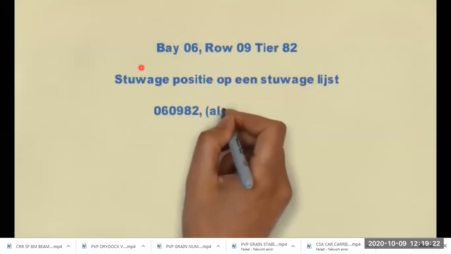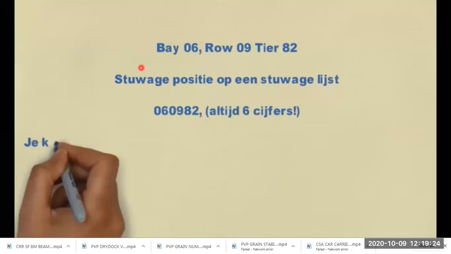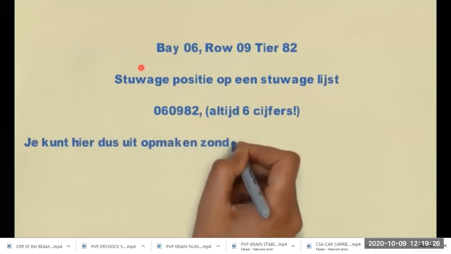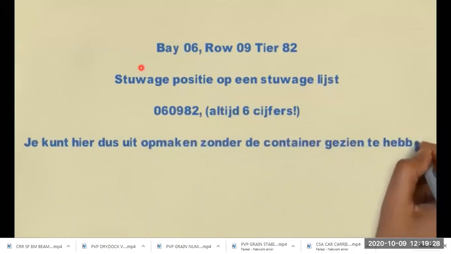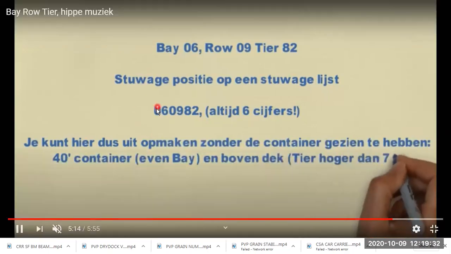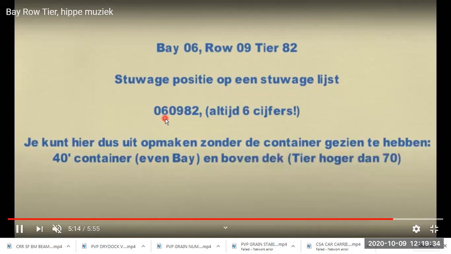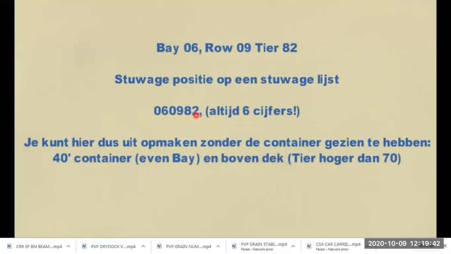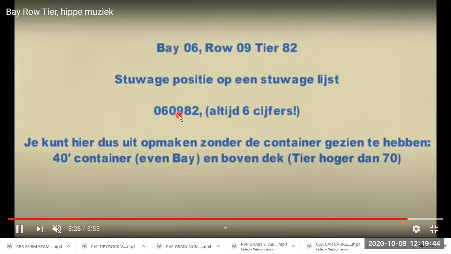So the storage position of this container is 060982, that is our container location number, and this is how we represent it. By bay 6 we understand that it is a 40-foot container, and 82 means it is on the first container height above the deck, and row number 09, that is on the starboard side, our last row, and this is how we locate.